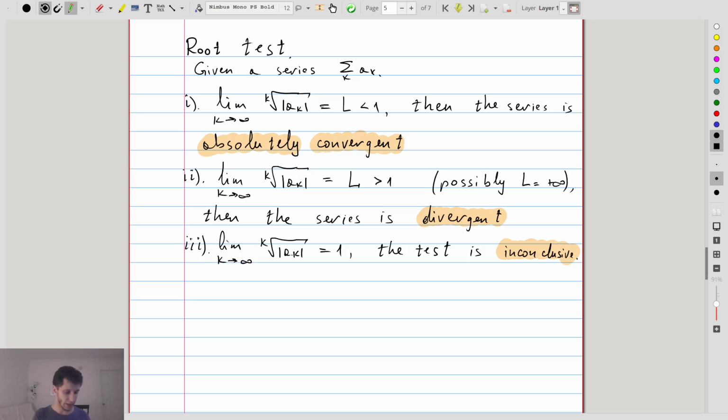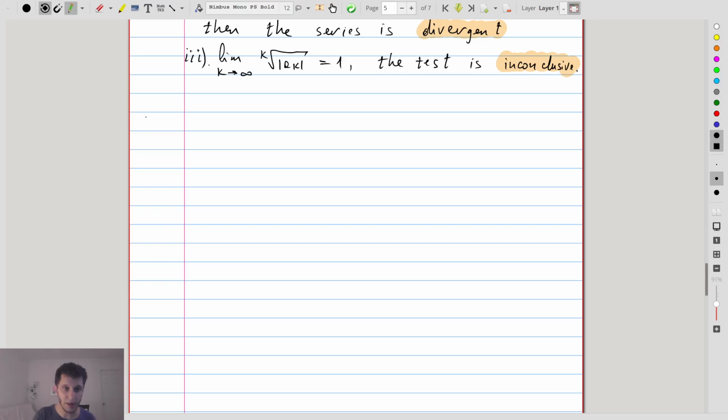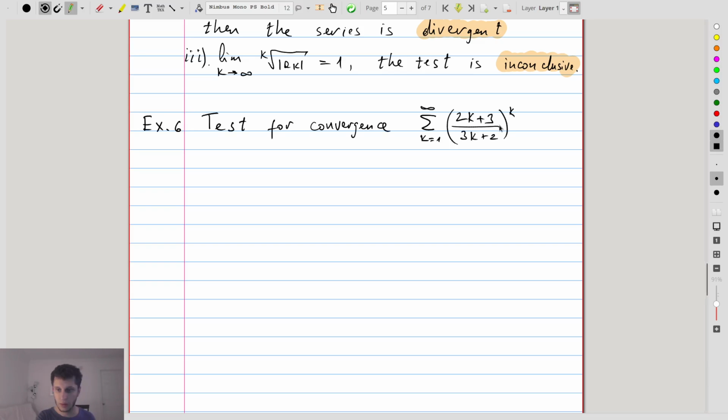Let us now look at an example of application of the root test so that you will see when it is appropriate to apply it. The root test is specifically suited for expressions like this one. So suppose you have to test for convergence a series that involves raising some expression to the kth power, or to a power that depends on the subscript k.